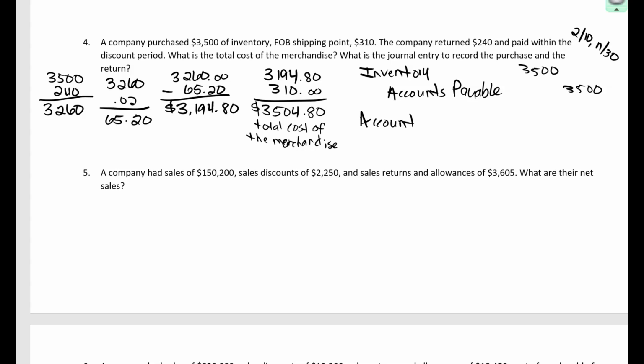For the return, we want to decrease what we owe. So we're going to debit accounts payable, 240, and credit inventory, 240.